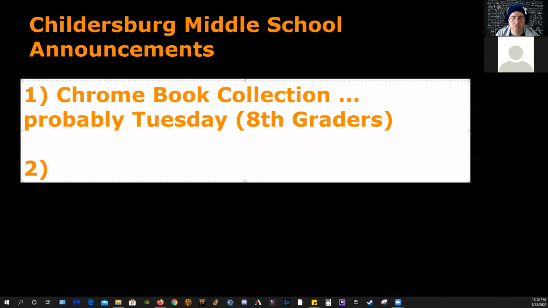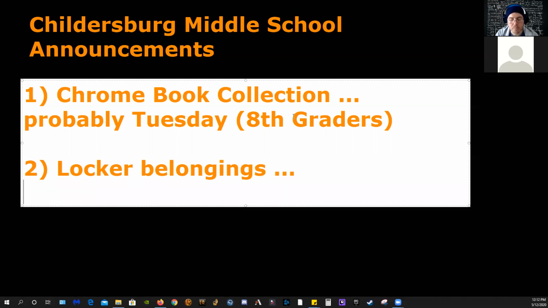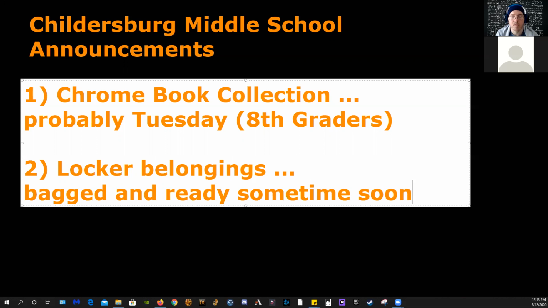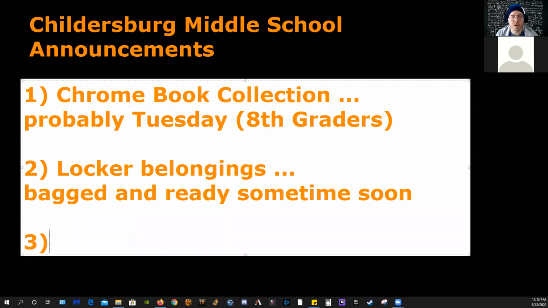Number 2, locker stuff. Your locker belongings. They've already cleaned out your lockers. I'm not sure what day they're going to let you guys come and get your belongings, but I think it would be the same day they do Chromebook collection and debt lists.